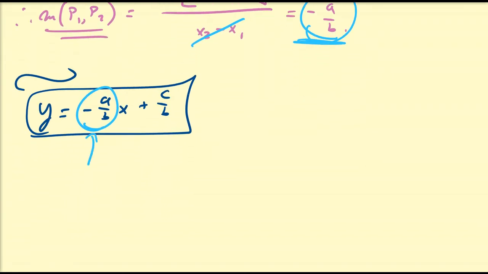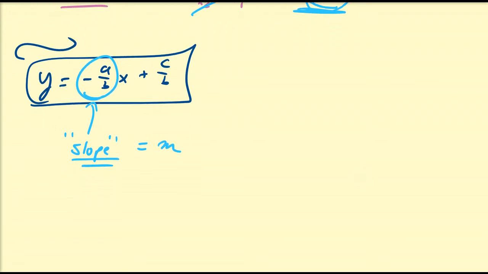So if you write it as y is equal to something x plus something, the number in front of x always corresponds to the slope, which most people abbreviate by m. So now we have y is equal to mx plus c over b.